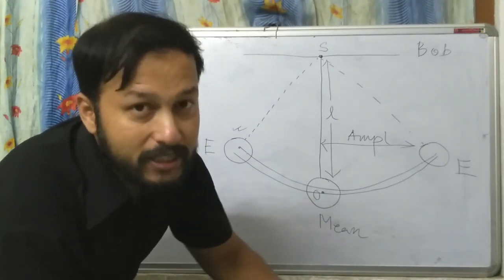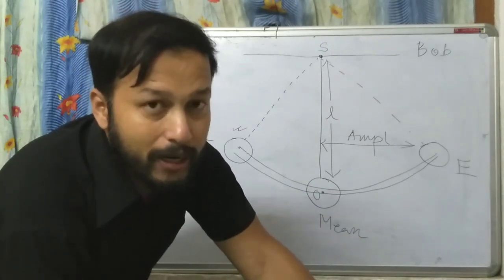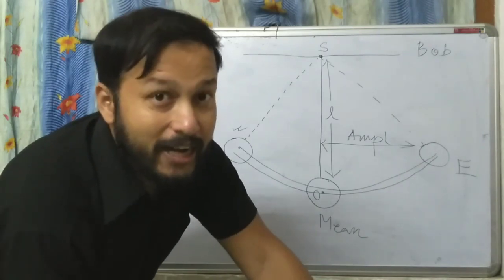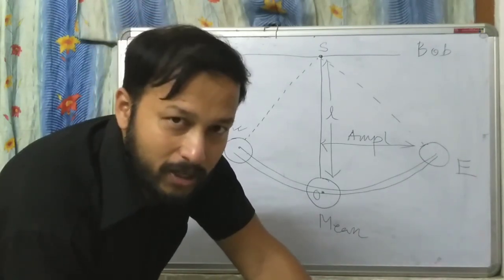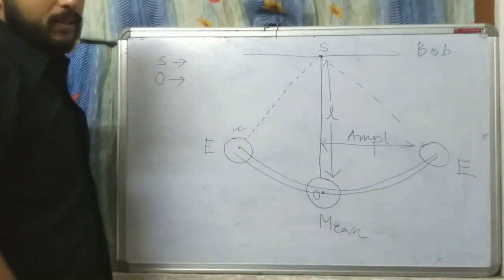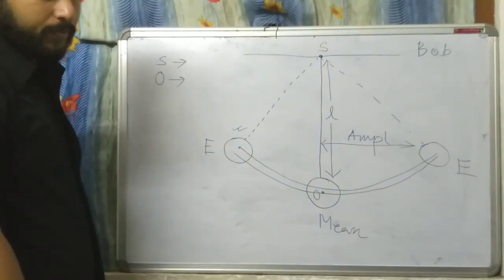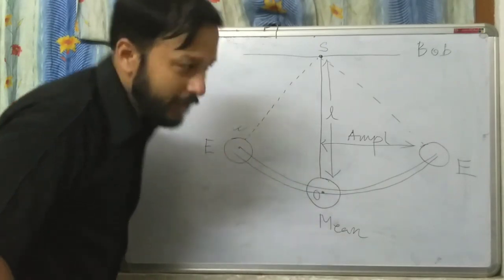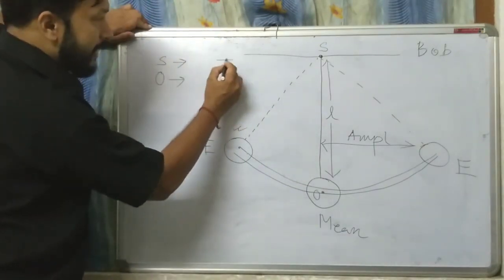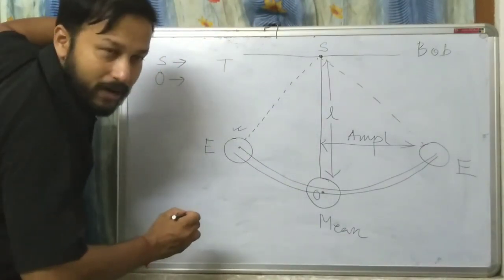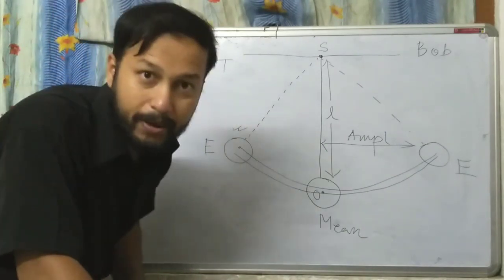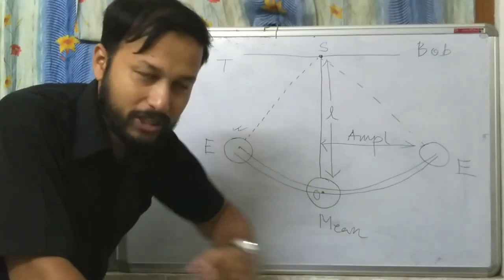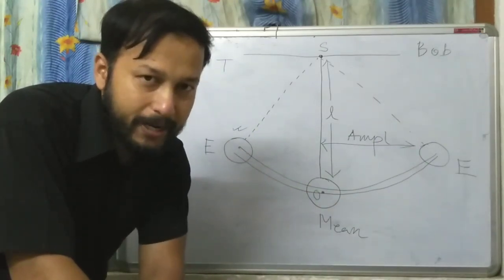So the time taken to complete one oscillation is called time period. Now, if T is the time period, what is T? Time period means the time required for one oscillation.